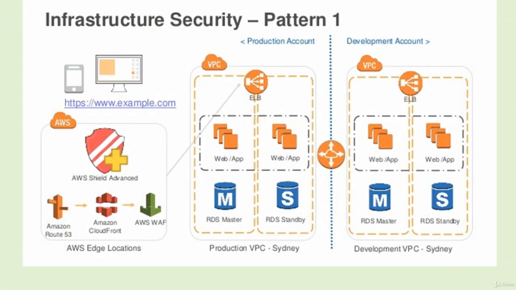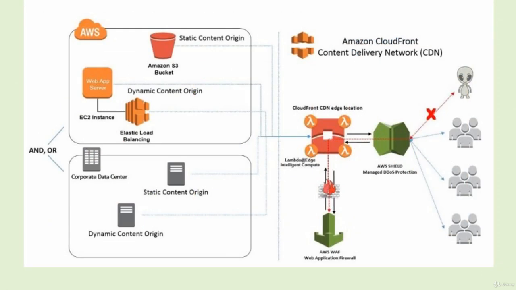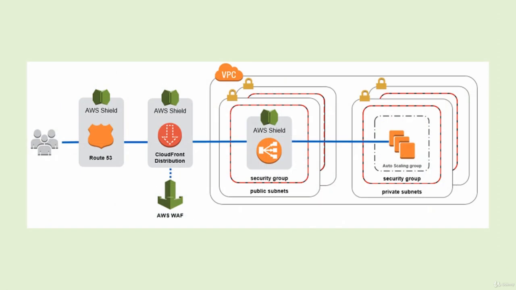The infrastructure security pattern could be implemented with WAF and Shield in different locations. It could be managed with the ELB, Elastic Load Balancer, in different VPCs or native cloud. It could be integrated with CDNs, content delivery networks, as well. With AWS Shield on Route 53 and CloudFront mapped with a WAF, you get better security of both the domain as well as your server.